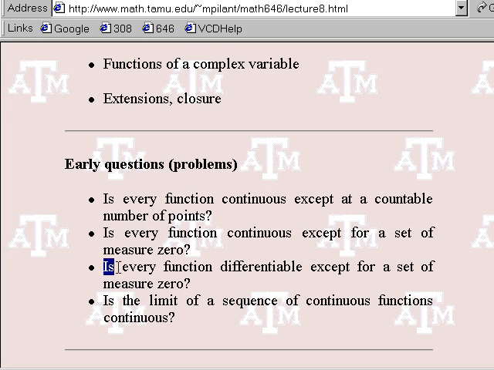Similarly, most people thought in the early days that functions were nice in the sense of being differentiable, except possibly with a set of measure 0, points of discontinuity, for example, or kinks or corners or cusps. That is now known not to be true. You can have a function which is everywhere continuous, and nowhere does it have a derivative. That's the Weierstrass function. Another question: is the limit of a sequence of continuous functions continuous?